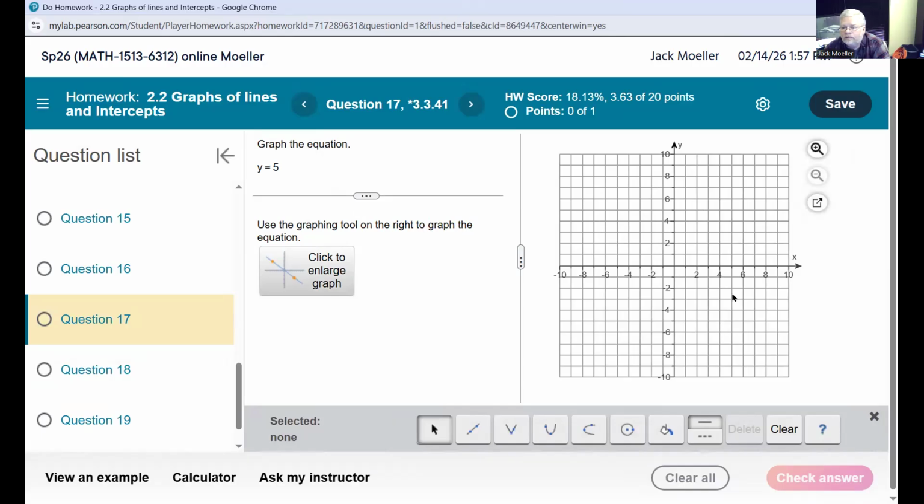Click, give me my line. Again, a lot of people like to start with the intercept. Once you have that first point, if you know it's vertical, click anywhere that gives you a straight up and down line. All right, so that's how you draw horizontal and vertical lines. Just make sure that the y or the x is correct on both points.